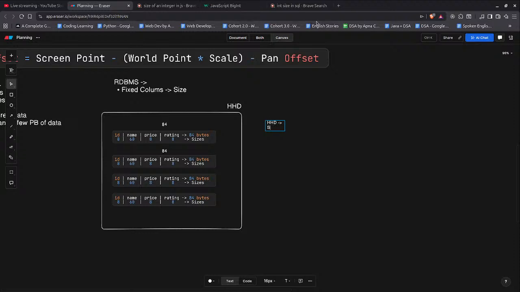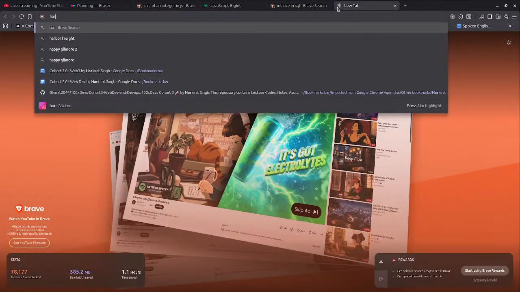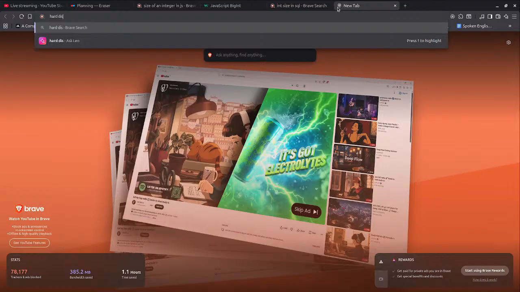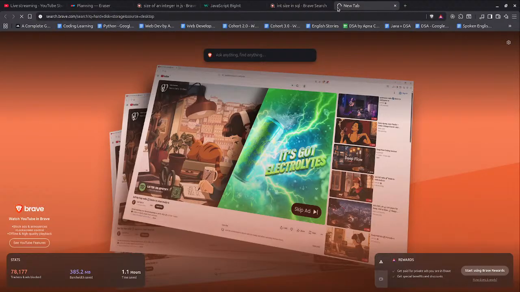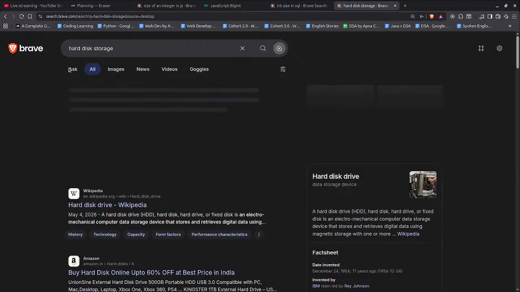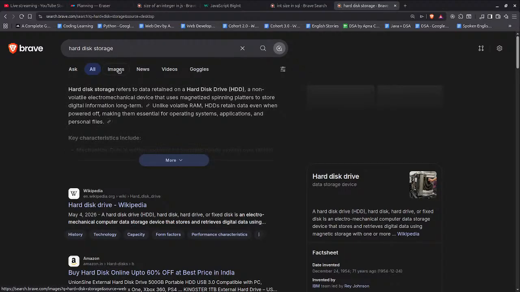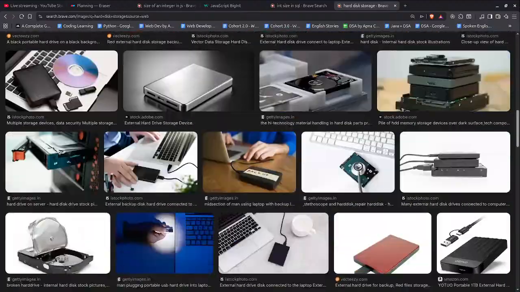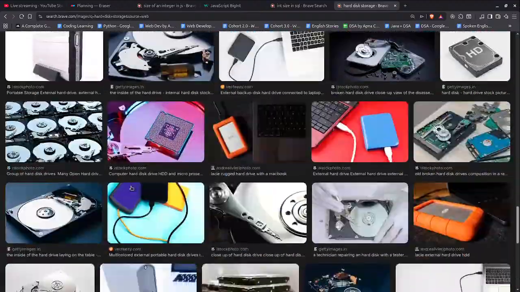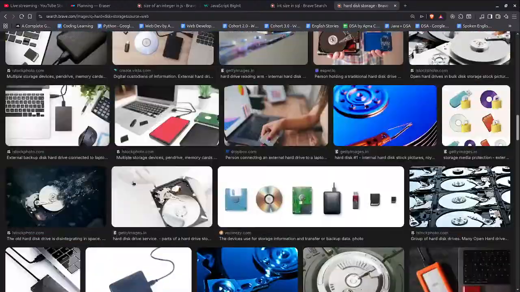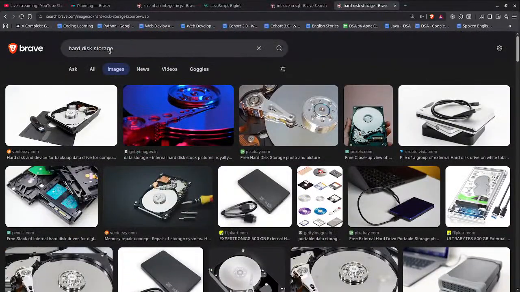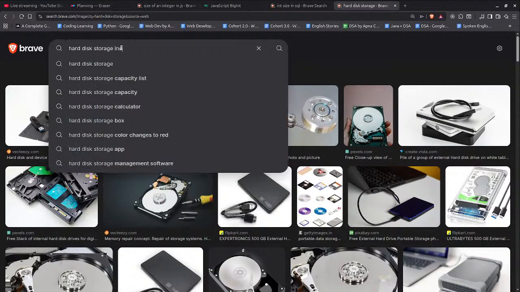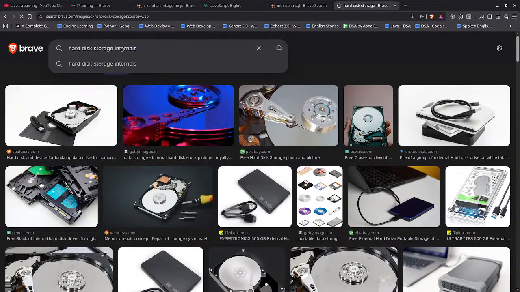on hard disk storage. Just a minute. Images. Not this, hard disk storage internals.